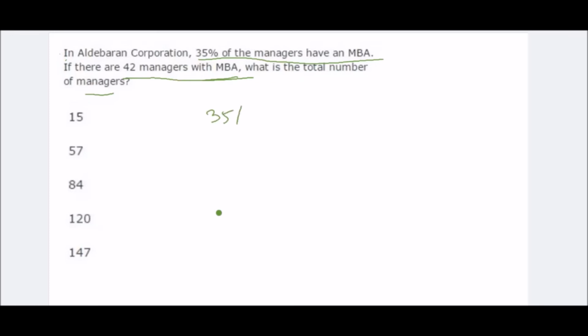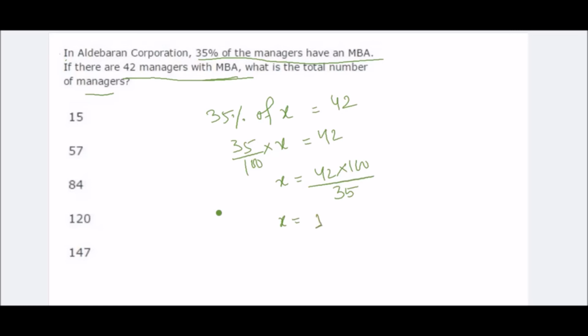So 35% of total managers is equal to 42, right? So 35 by 100 into x is equal to 42. So x is equal to 4200 divided by 35. The x will be 120, and the answer is the 4th option.